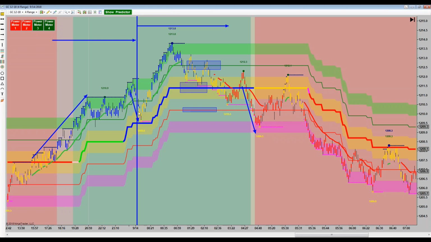Now, as the gold market worked into the European session on Friday, you can see there was a succession of slightly lower highs and lower lows. You get a fresh push up to a high here. Profit taking occurs for those who were long from lower levels. And so you get a series of retracements.